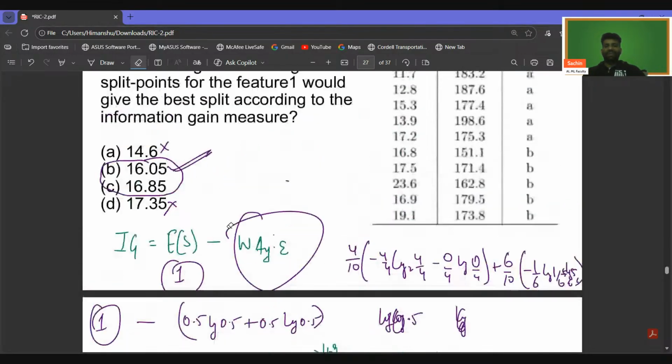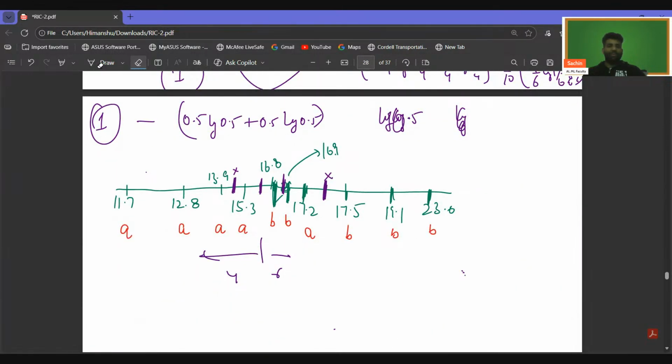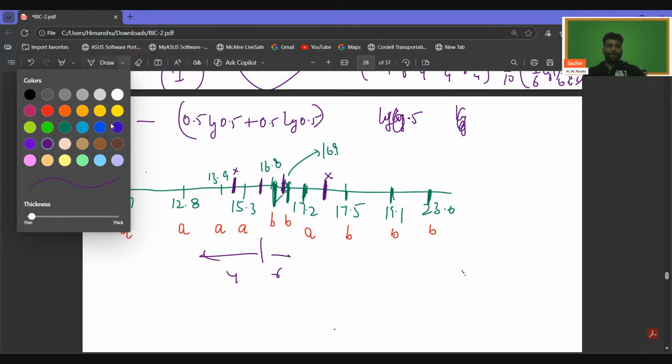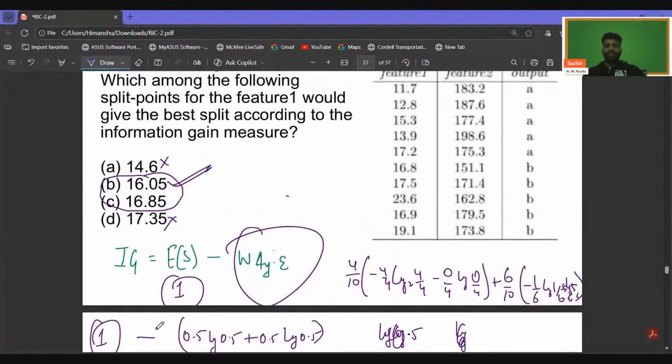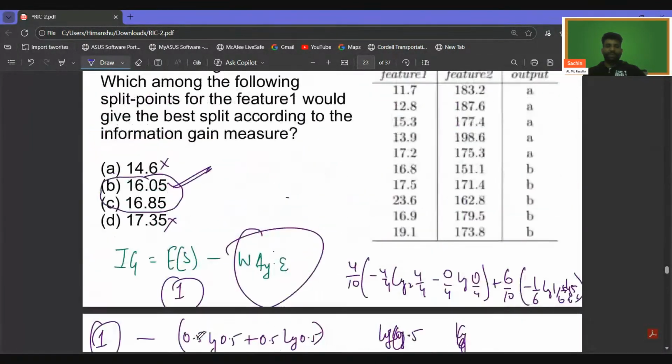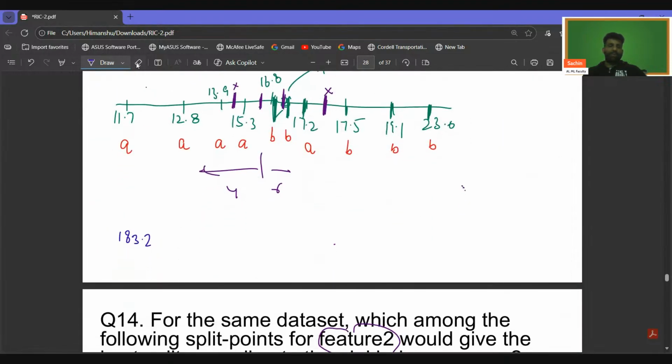So considering this feature, let me write down 183.2, 187.6. Oh, I have a number of small values, so let me not write over here.